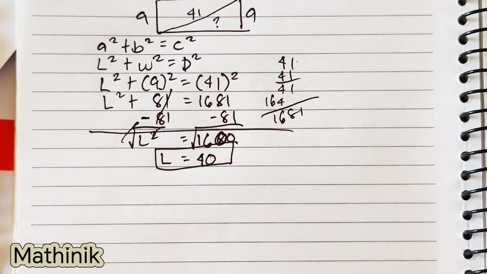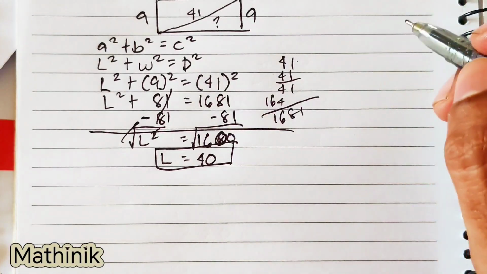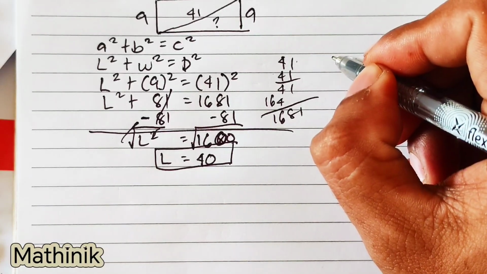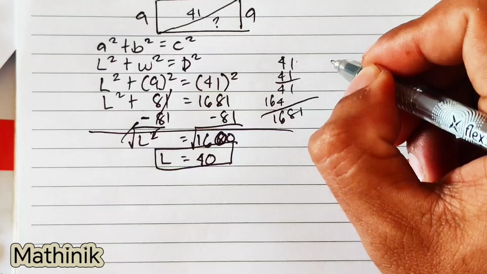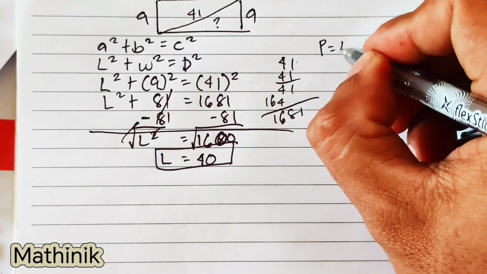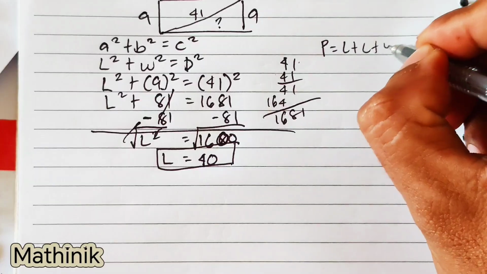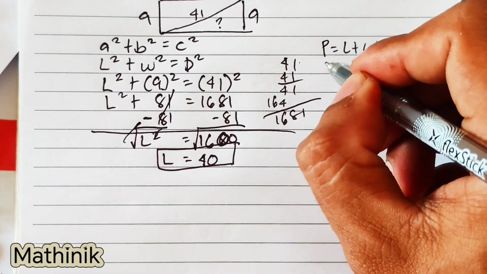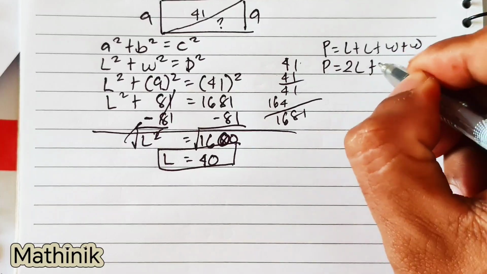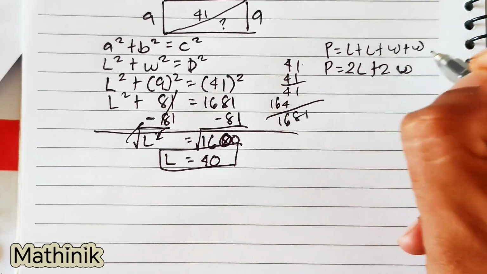Now, we will look for the perimeter. So perimeter is the total length of the sides. Meaning, perimeter is equal to length plus width, or equivalent to P is equal to 2 length plus 2 width.